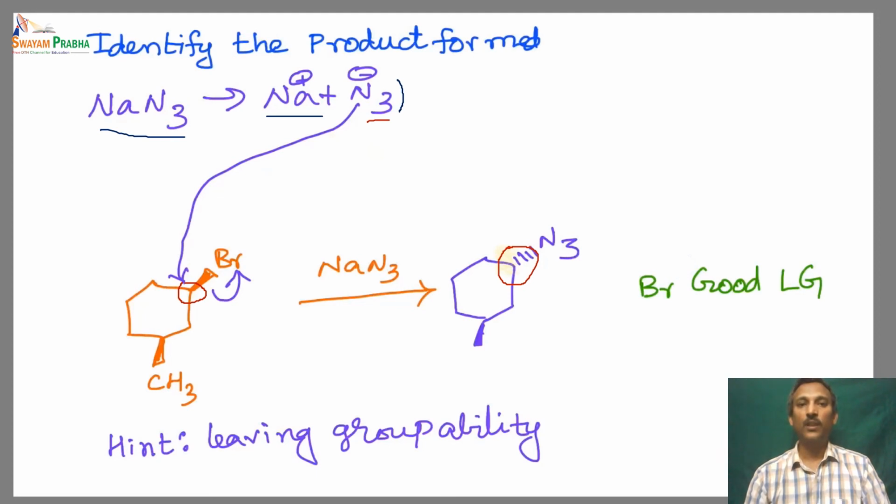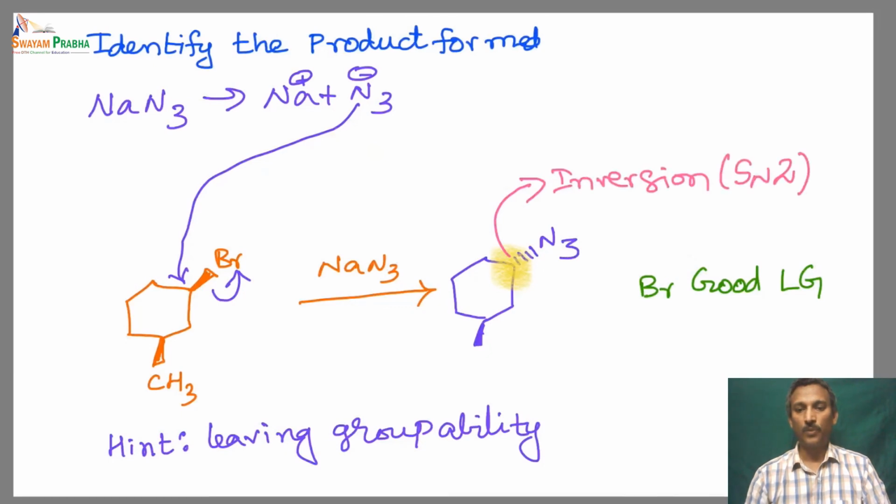That means the bromide is replaced by the azide with inverted configuration. So in this particular case, we have the inversion of configuration because this is an SN2 reaction. So the inversion of configuration occurs at this particular carbon.